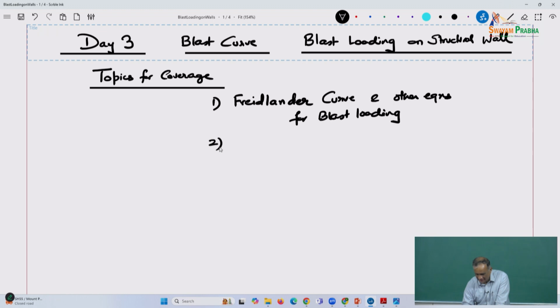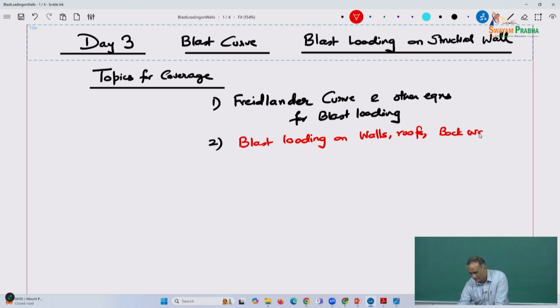I thought of maybe making a tutorial on it, but I think we can skip that. You can do it on your own time. And we'll focus on blast loading on walls, sides, roofs, back wall, and we'll look at two different types of loads, for blast loads due to explosion.